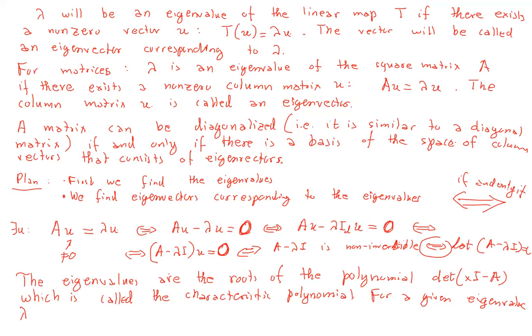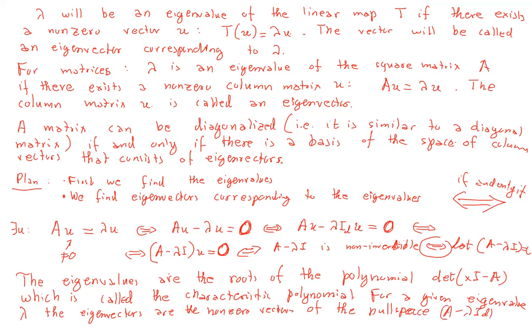And for a given eigenvalue lambda, the eigenvectors are the non-zero vectors of the null space. So this is where null spaces come in: the null space of A minus lambda times the identity.